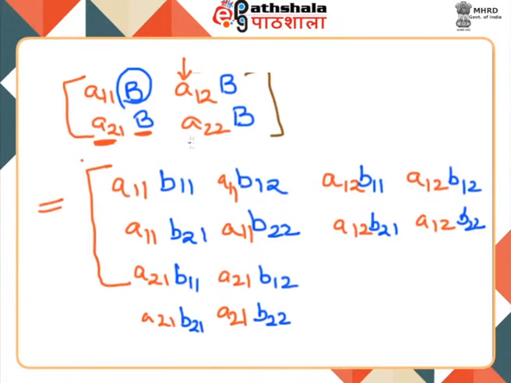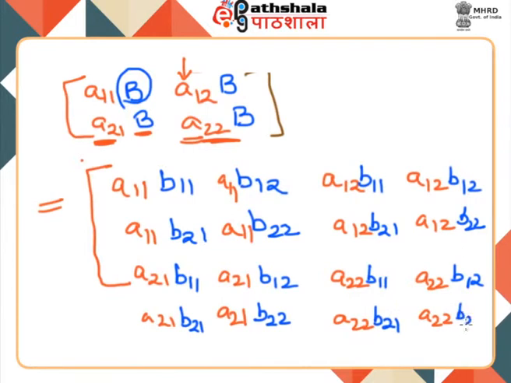And now I think it is obvious how we will expand the term A22 into the matrix B. We write A22 at these places, and it is multiplied by B11, B12, B21 and B22.